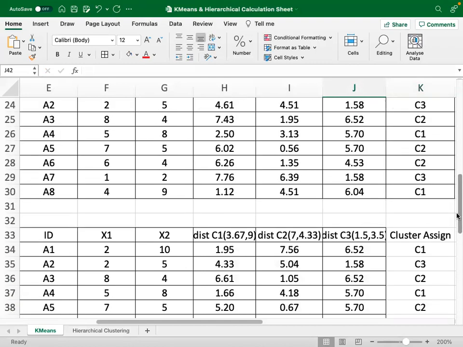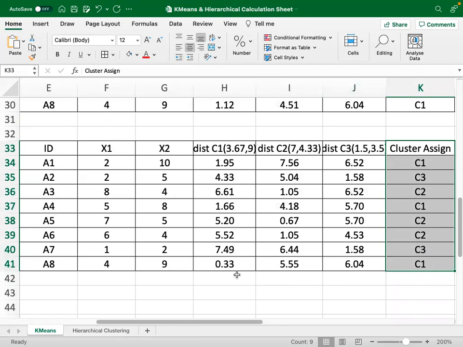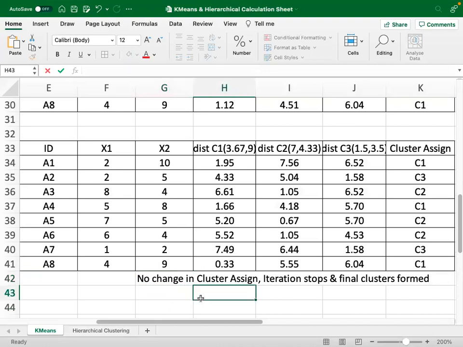Right? C1, C3, C2, C1, no change. No change in cluster assignment, iteration stops, and final clusters formed. So finally, the clusters are formed.